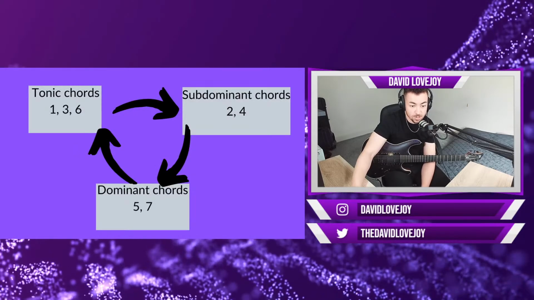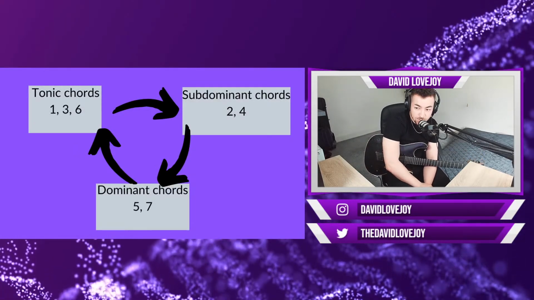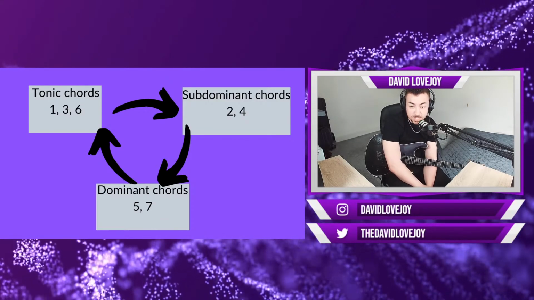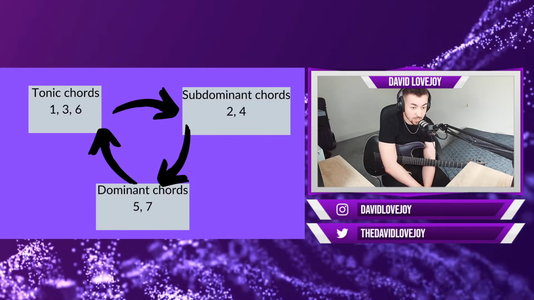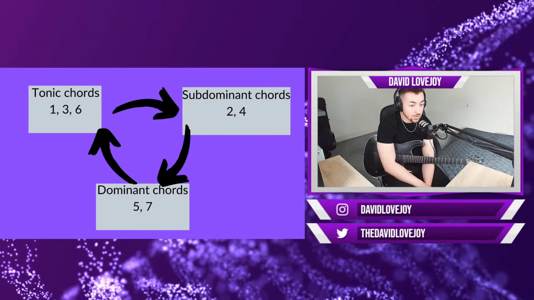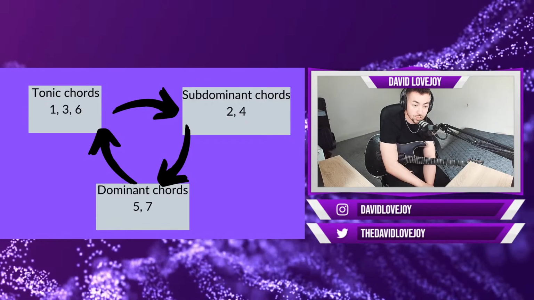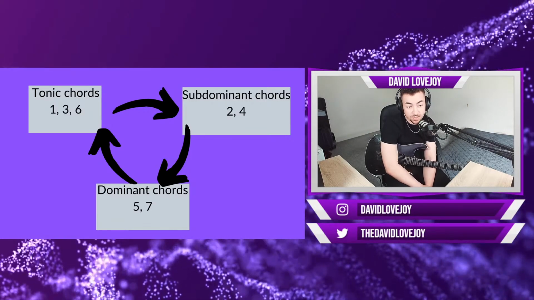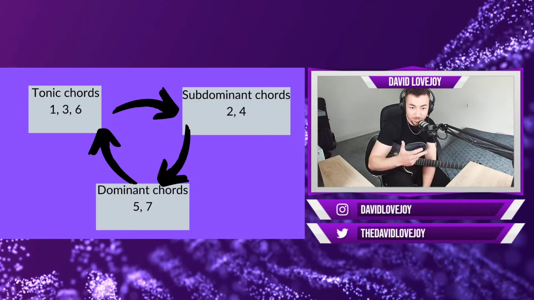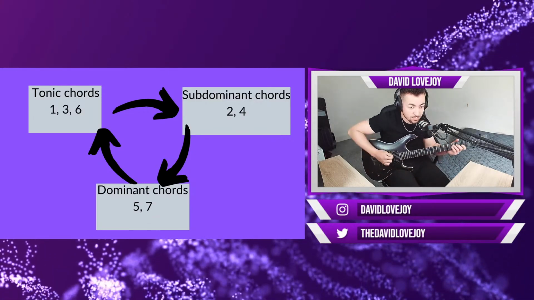So, as you saw, each chord in our key is numbered 1, 2, 3, 4, 5, 6, 7, and each particular chord has a particular function. It fits into one of 3 categories. Okay, so you've got tonic chords, which are chords 1, 3, and 6. So, in the key of C, we've got C, we've got E minor, and we've got A minor.